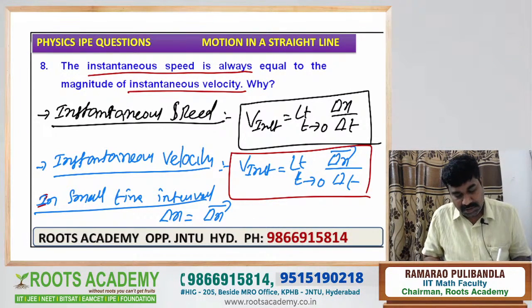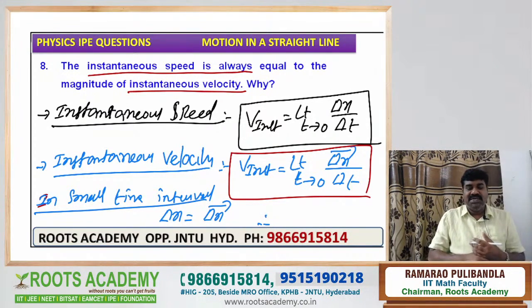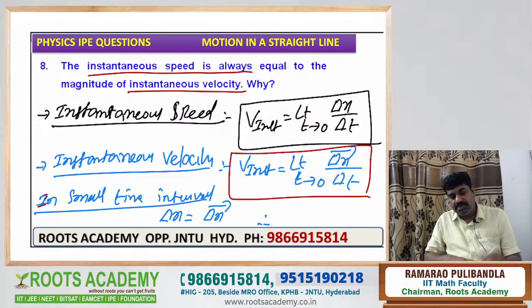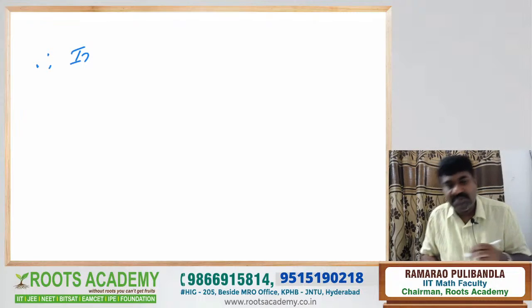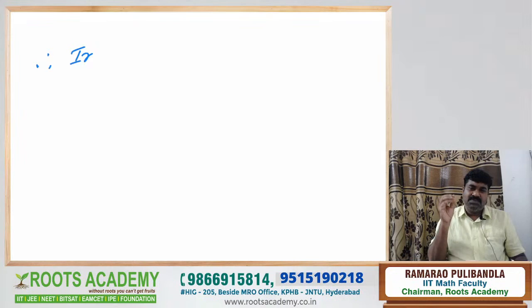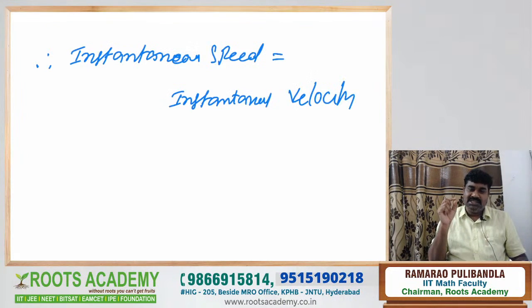Therefore, instantaneous speed is equal to instantaneous velocity. In this small interval of time, displacement and distance are equal, so instantaneous speed is equal to the instantaneous velocity.